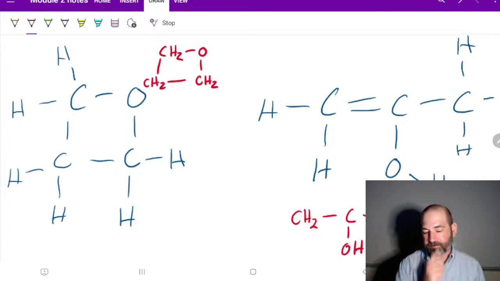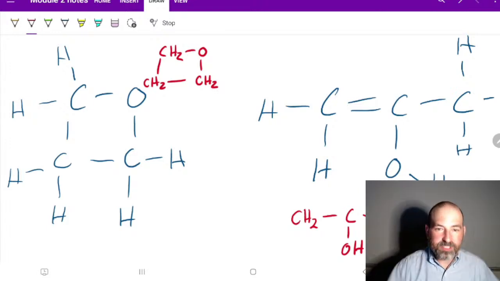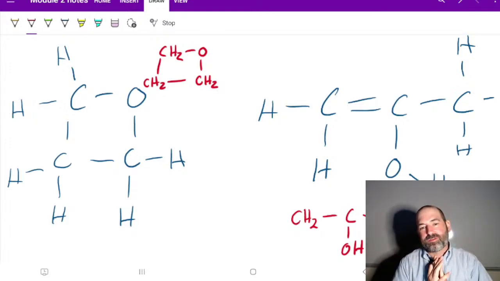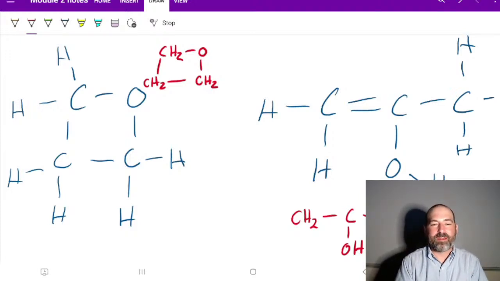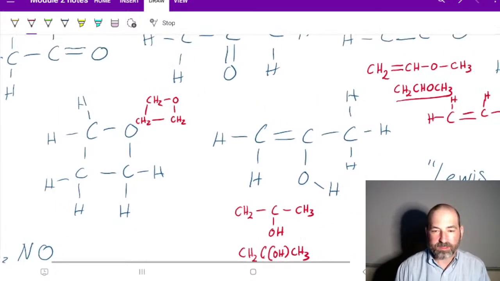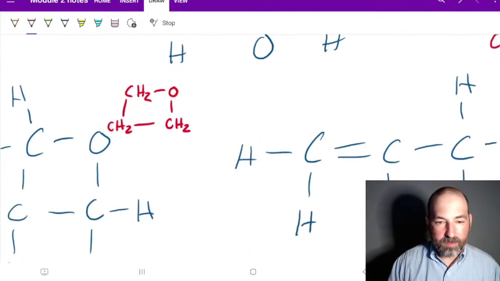But there really isn't a good way to smush that all the way down to a straight line, because there's not a good way to communicate that it's supposed to all be connected in a ring. So sometimes it just doesn't work well to do that full condensing of the structure, and it makes more sense to leave some of the lines in, like we see here.